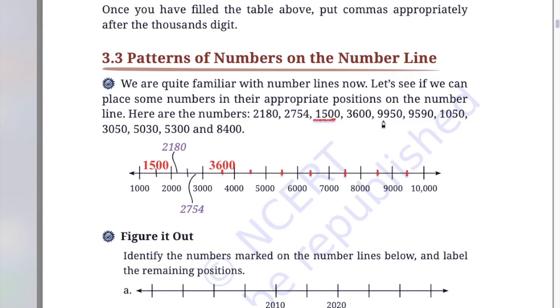Next is 9950. So where will it be? 9500 is this, and 9950 is just a little bit on this side. Just 50 more, so 9950 will be here.